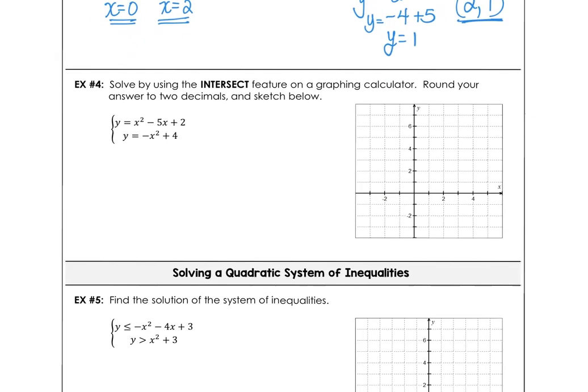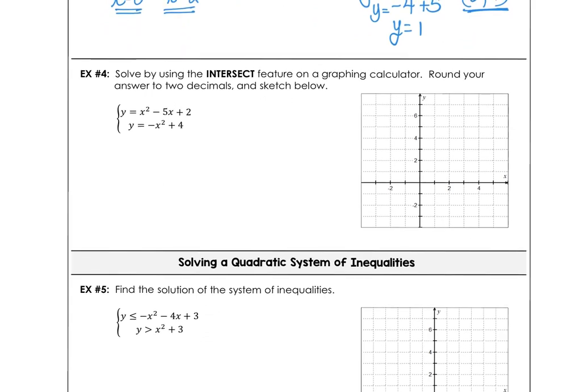Example 4 is asking us once again to revisit the graphing calculator and solve by using that intersect feature. And we're graphing x squared minus 5x plus 2. So on my calculator, it looks like we have somewhere in here, I'm just sketching off of my calculator, and it looks like it's somewhere about a little, almost a 3.